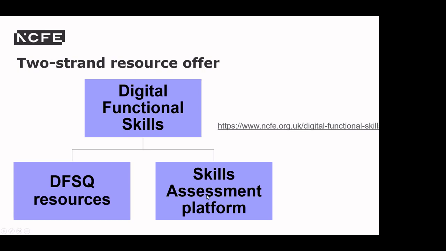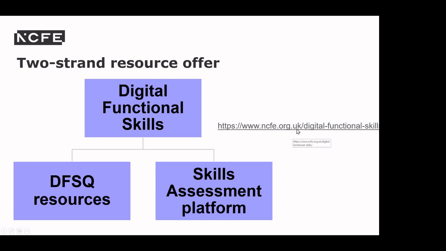And then we also have our skills assessment platform. And for most centres, it does make more sense to have this two-strand offer as a package. There's more information on that package through this link.